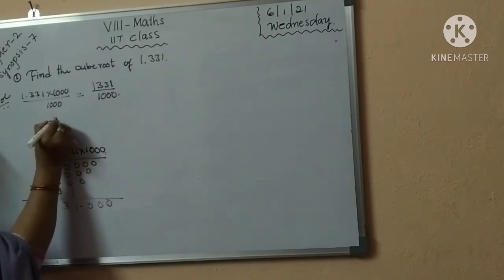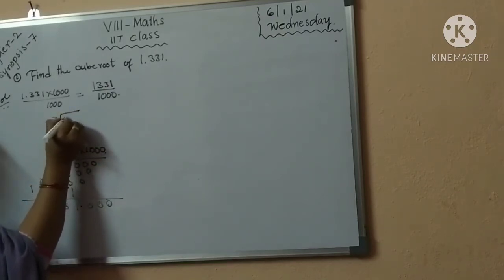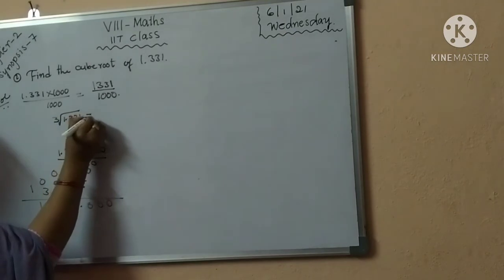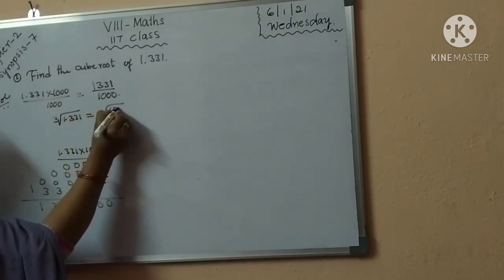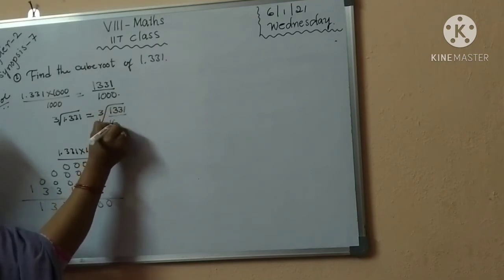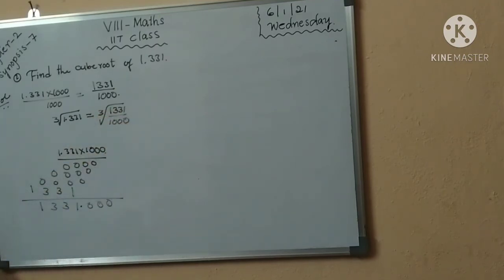So the cube root of 1.331 equals the cube root of 1331 by 1000.